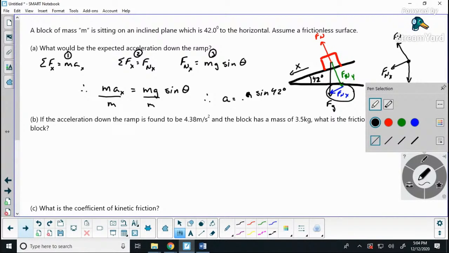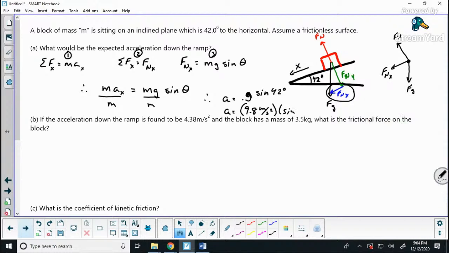Now what I can do is plug in my acceleration due to gravity. So that is going to be 9.8 meters per second squared, all times sine of 42 degrees. And I get that acceleration in the x, or down that ramp, would be 6.56 meters per second squared. So if this were a frictionless surface, that would be its acceleration down the ramp.